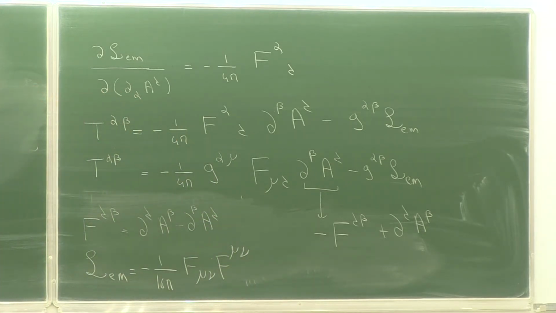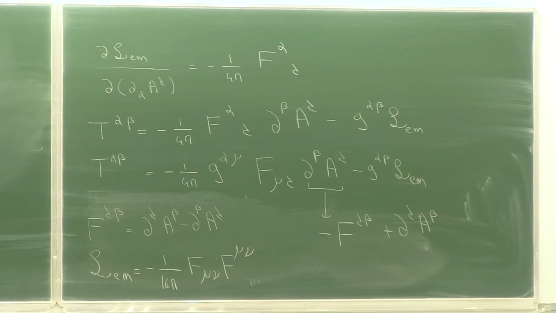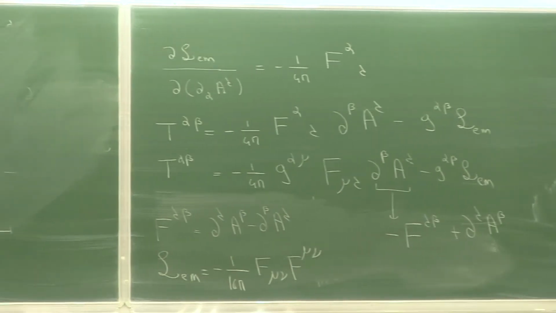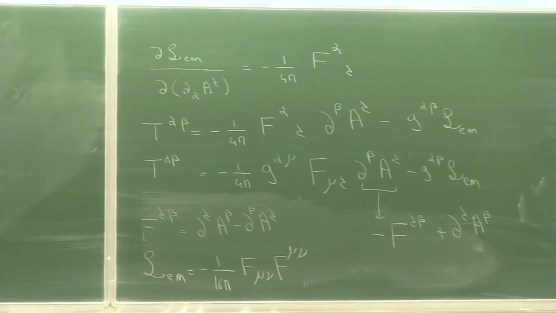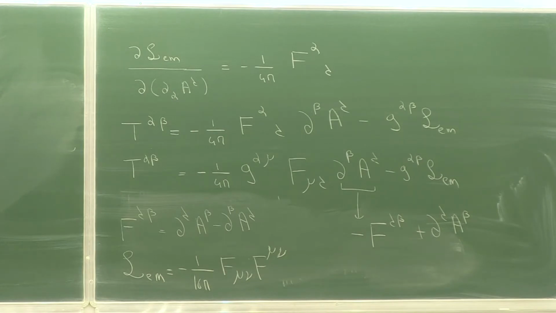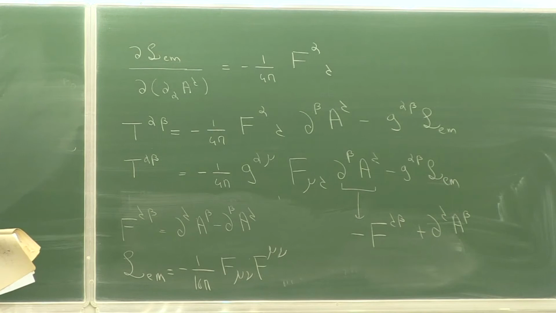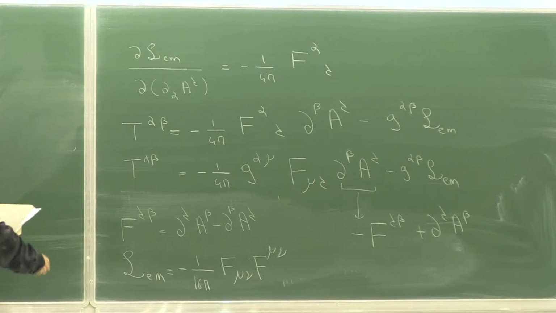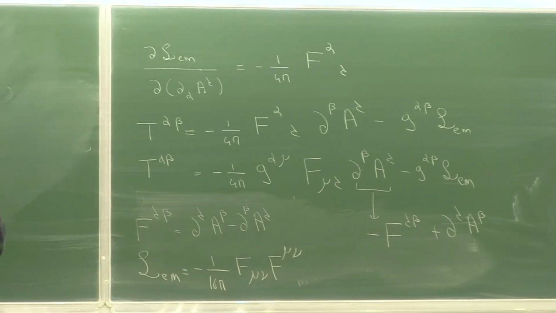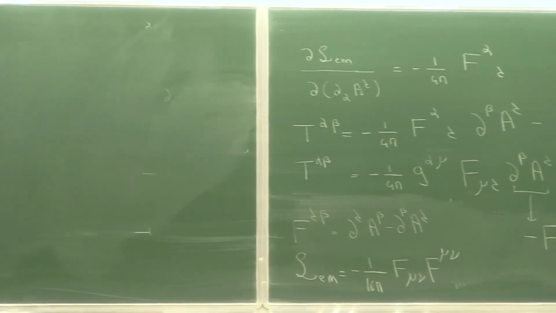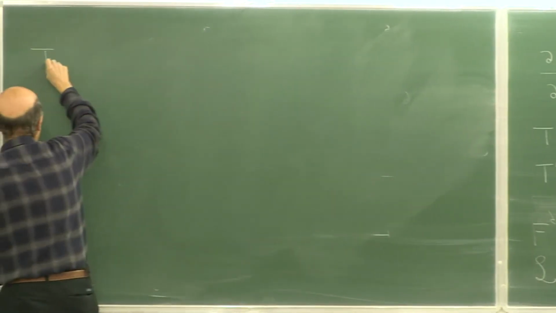So instead of the Lagrangian density, say F^{μν}, instead of ∂^β A^λ, say F^{λβ} plus ∂^λ A^β, and our canonical stress tensor takes the following form.